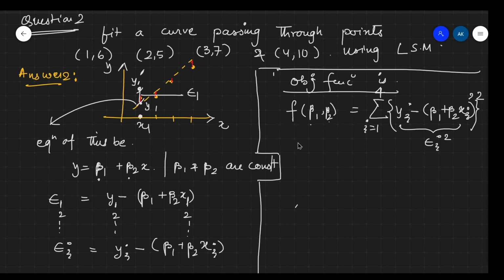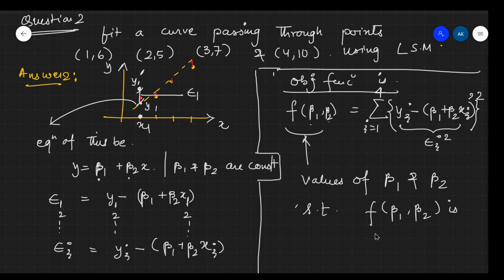That is your objective. You have to find values of beta 1 and beta 2 such that f(beta 1, beta 2) is minimum.